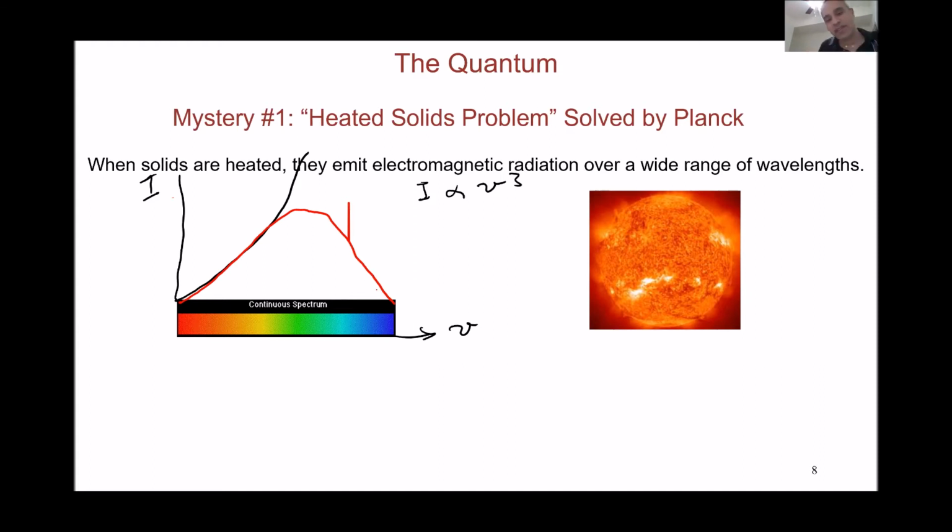The only successful explanation for this phenomenon was done by Planck by introducing the concept of quantization of light. What he said is that intensity of light is proportional to two terms.